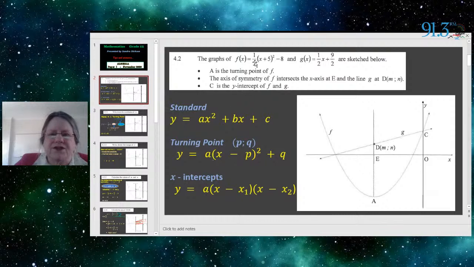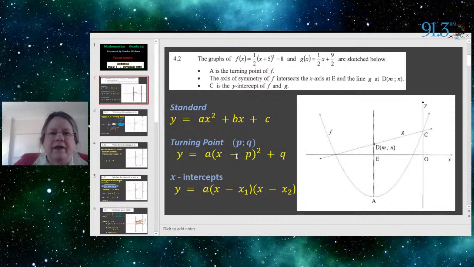So if you have a turning point, we use a special formula, which is this one over here. Now, in our example here, a would be a half, and (p; q) would be the turning point. So in other words, if we just carry on talking about this question, A is a turning point, and the x value would be minus 5, and the y value minus 8, because that is your p and your q.